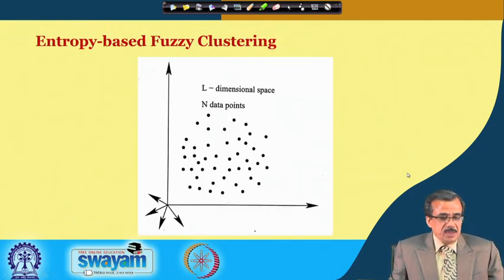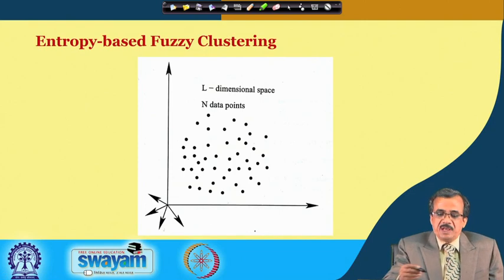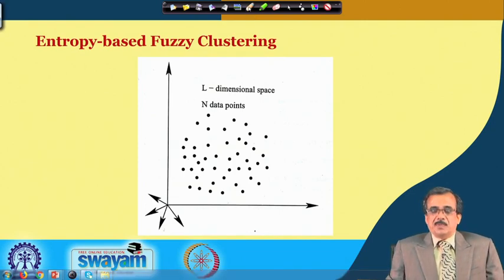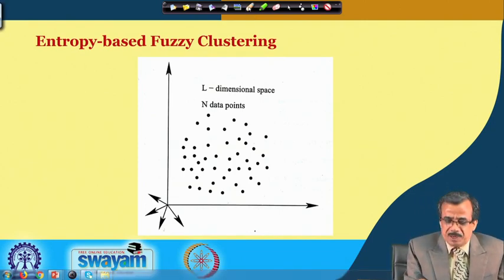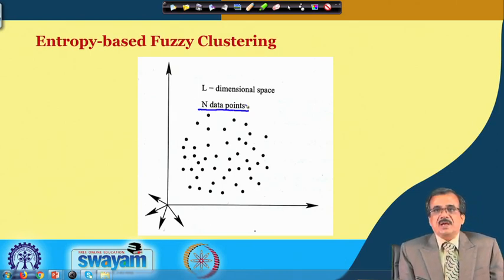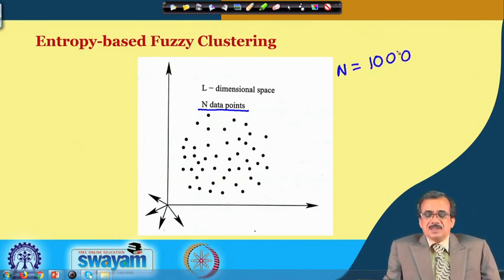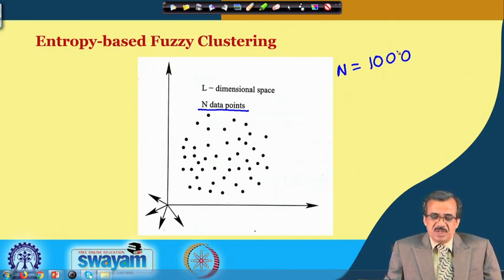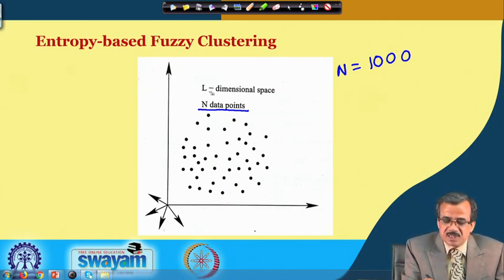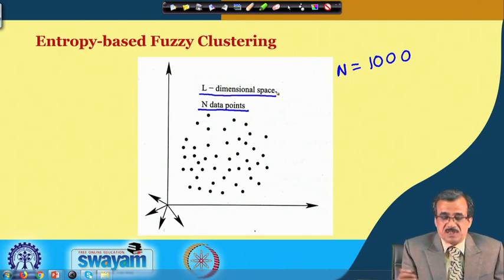Here, I am just going to take one typical example. Supposing that we have got a large number of data points, say capital N number of data points, and supposing that this capital N is equal to say 1000. So, we have got 1000 data points, and these data points are in a higher dimension, say L dimensional space.